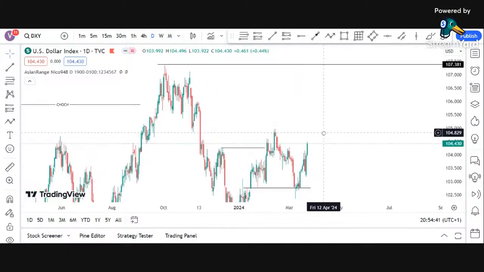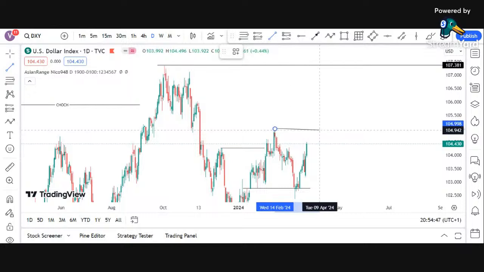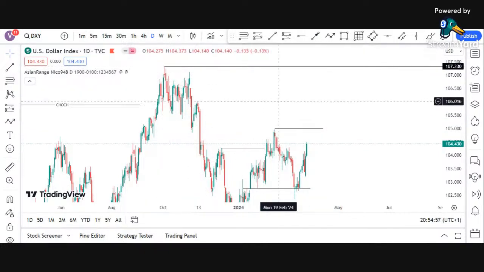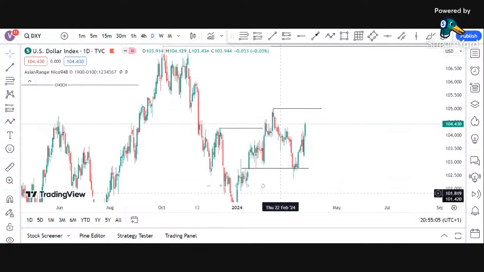Now, what are we seeing? What are we going to expect from tomorrow? We expect to see this eye taken out. Expect to see those relatively equal eyes taken out. That's what we're expecting. This is the daily time frame.